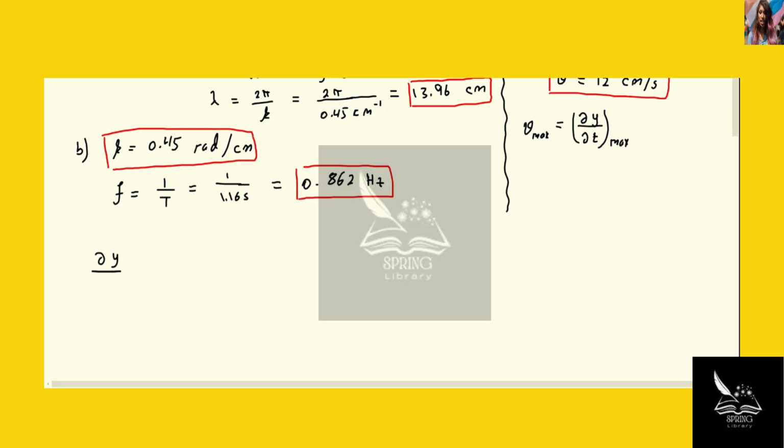So partial y over partial t is equal to 3.75 centimeters, which is the amplitude, multiplied by 5.4 second inverse, multiplied by sine, and because it's the derivative of cosine, we'll add a negative sign here, so negative sine of 0.45 centimeter inverse times x plus 5.4 second inverse times t.